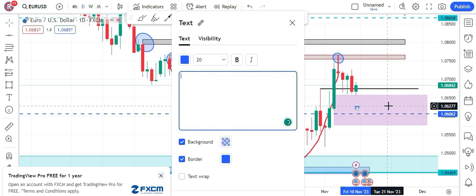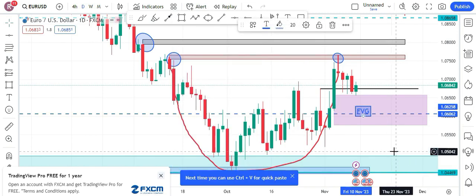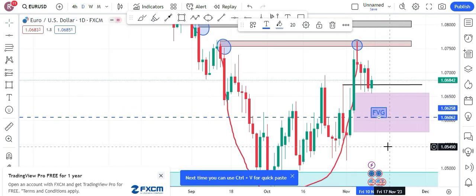A biggie is left here, and you can see that this fair value gap coincides with the half of the cup.